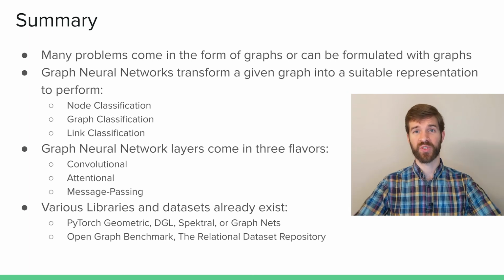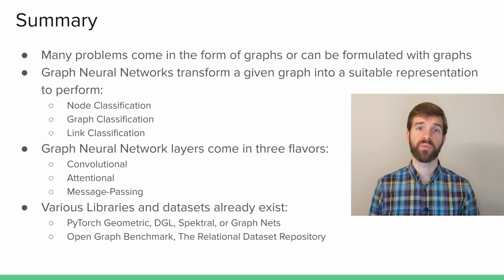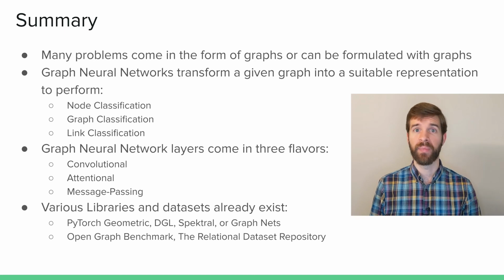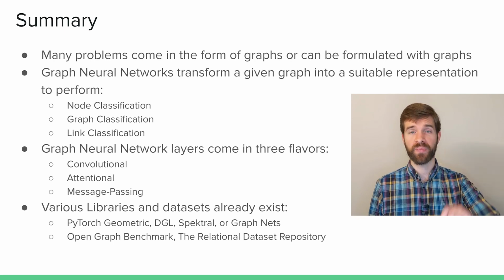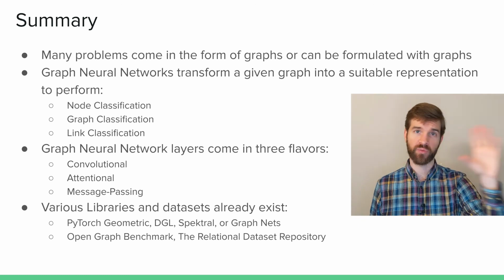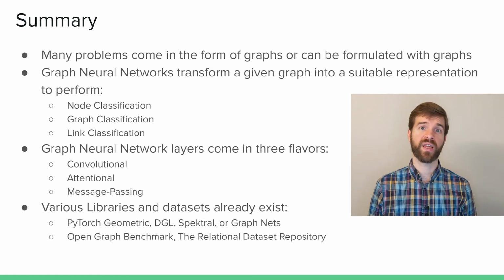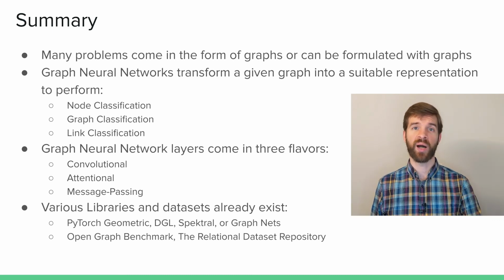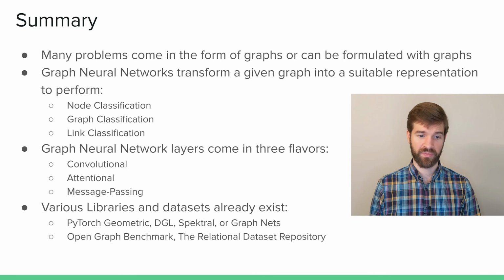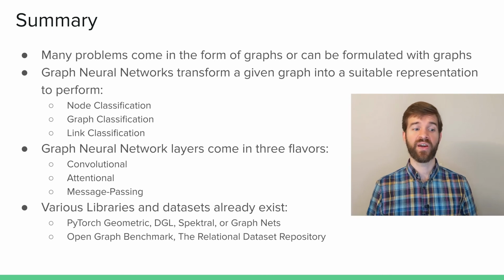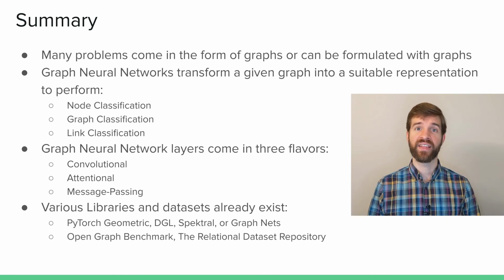And then you have the most sophisticated way of performing graph neural networks, which is message passing, where you compute messages from each node, from each kind of connection. You can incorporate additional features from the edges, and then you summarize it to update the node for the next time step. And there are various libraries and datasets that are already available and that you can use to solve your problems in the future.